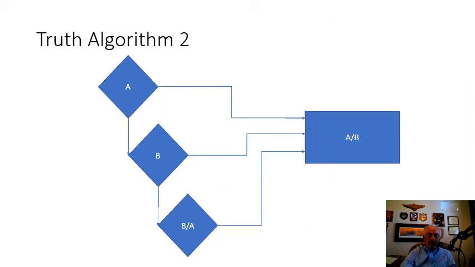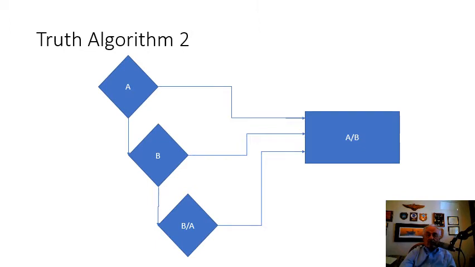Here we have that graphically expressed in the truth algorithm. We have A as a standalone item, event A. We have event B as a standalone item. And then finally we have event B given that we are aware of, or we have event A, knowledge of event A having occurred as well.